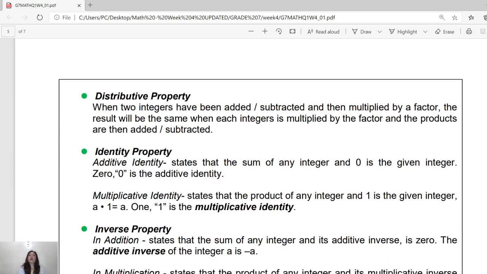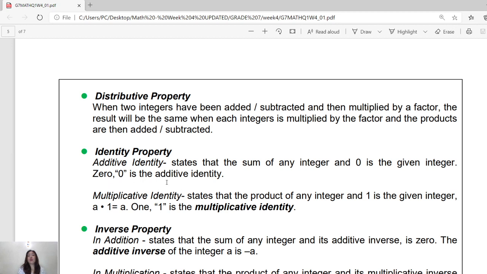For distributive property, when two integers have been added or subtracted and multiplied by a factor, the result will be the same when each integer is multiplied by the factor and the products are then added or subtracted. So for identity property, additive identity states that the sum of any integer and zero is the given integer, meaning 2 plus 0 is just 2.